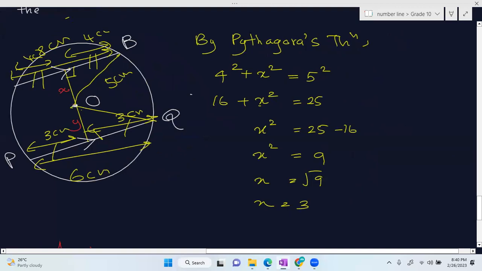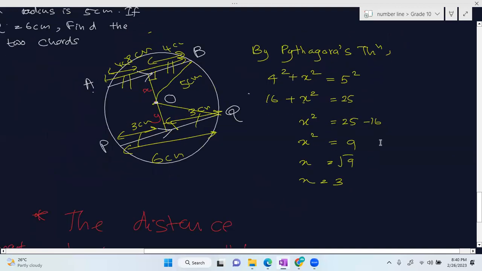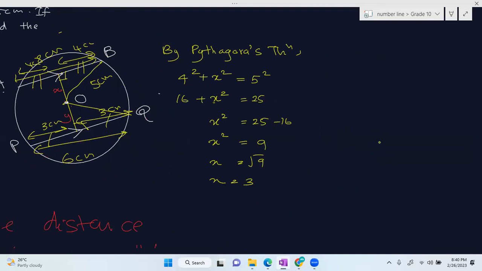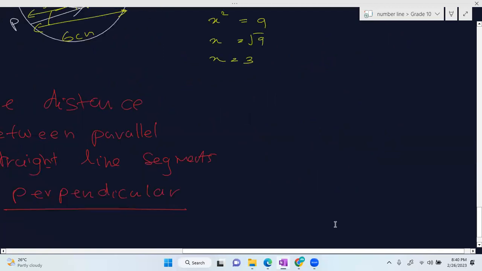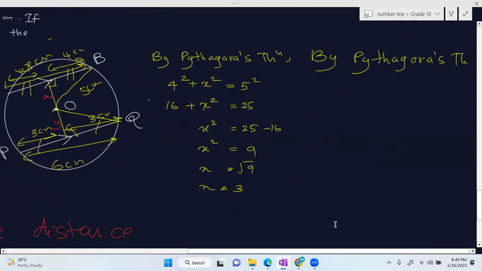Then by Pythagoras theorem, apply it to the other triangle.